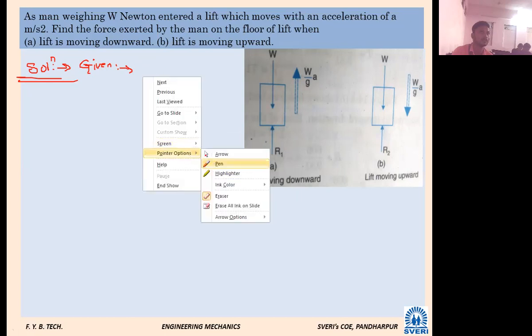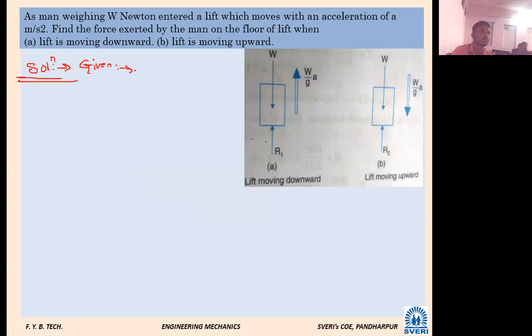So I will write it in this way. Weight of man equal to W_M, in Newton, and acceleration equal to a, in meter per second square.